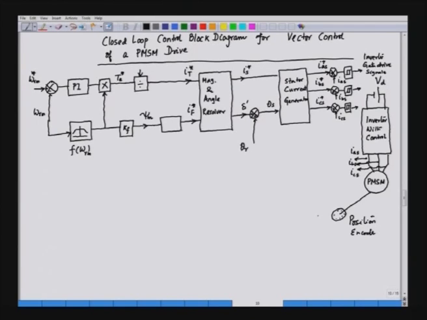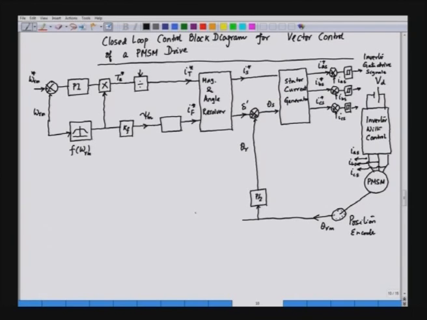and what we obtain out of this is the mechanical position, that is theta Rm, that is multiplied by the pole pair to give us the actual rotor position in electrical angle. Theta R is the electrical and theta Rm is mechanical, and the position is processed through another computational block to find out the speed.